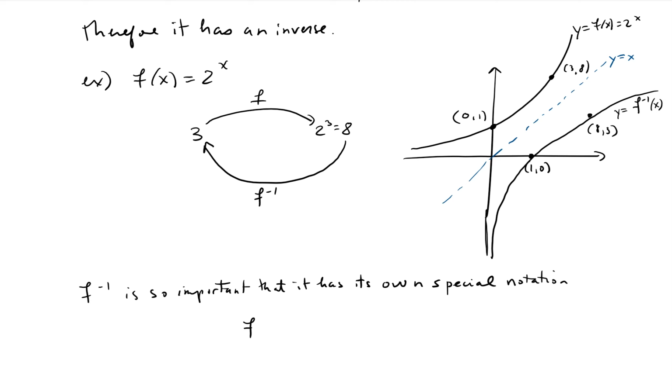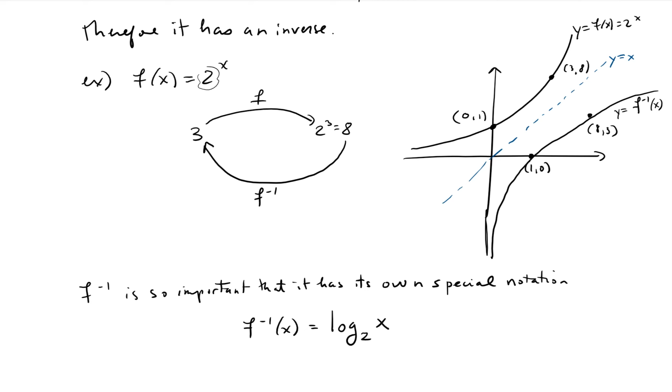Instead of f inverse of x, the notation for the inverse function is log, for logarithm. So that was the title of this section, logarithm. Of course, the inverse is linked to the base of the original exponential function. So if f of x is 3 to the x, then the inverse is different. So we're going to put a little 2 here to say the base of the original exponential function was 2, and we put just x here.